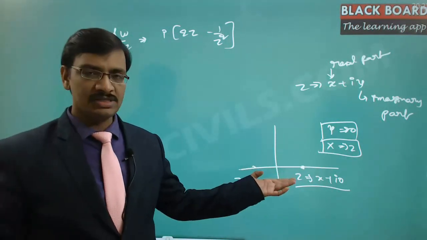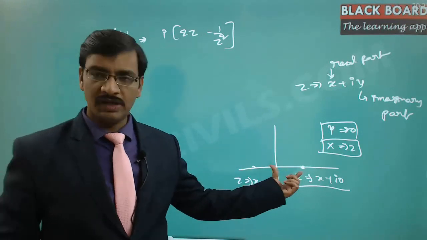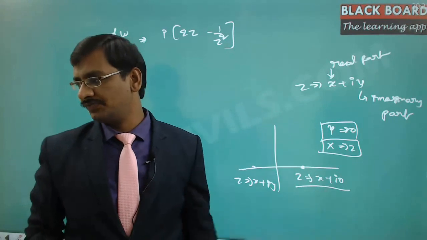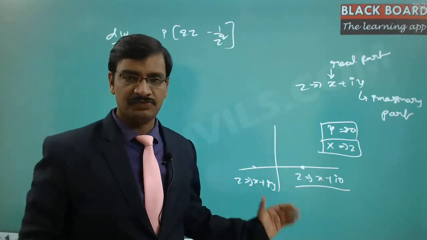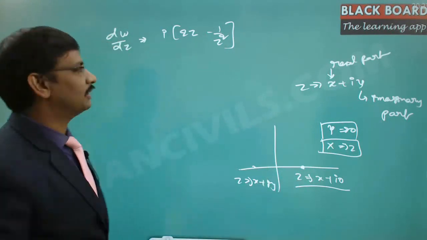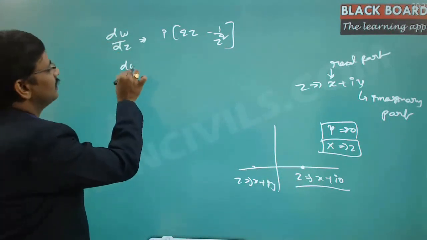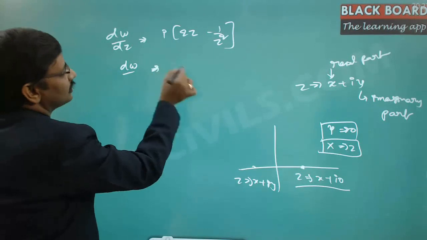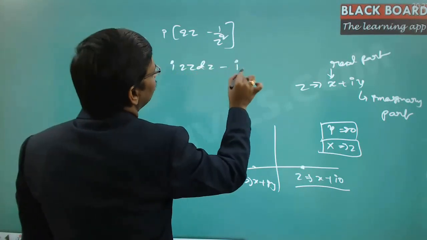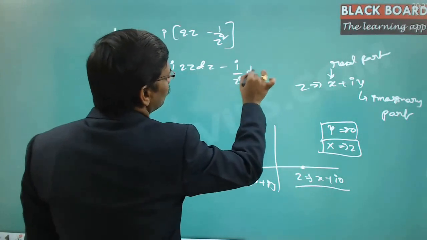Why we are doing it this way is because you are eliminating one variable so that you can easily do the integration, which is valid everywhere. Though you have considered only the real line, it is valid everywhere on this particular plane. So dw by dz is i into 2z into (z minus i) by z square into dz.